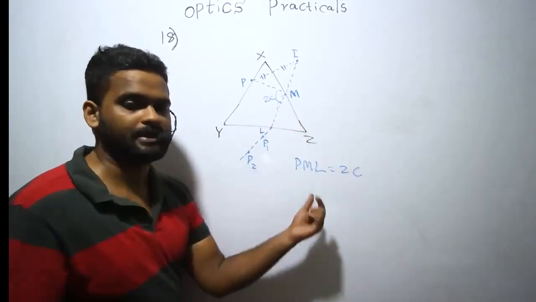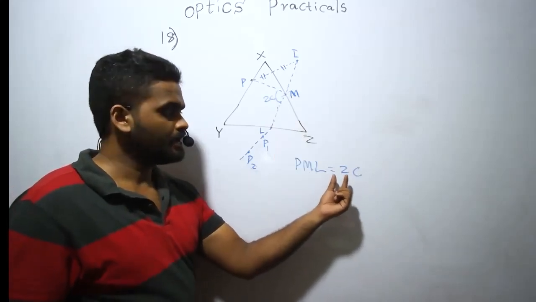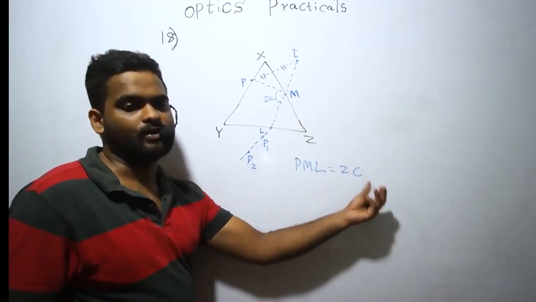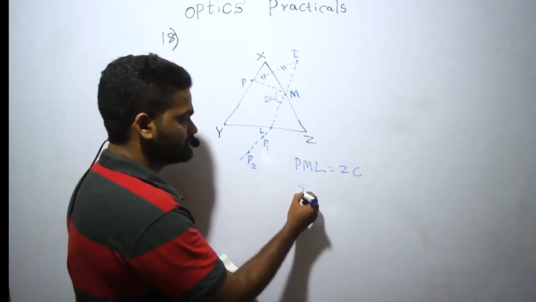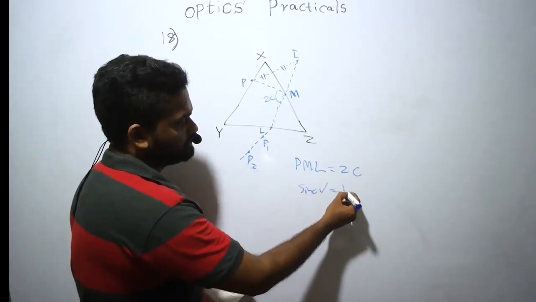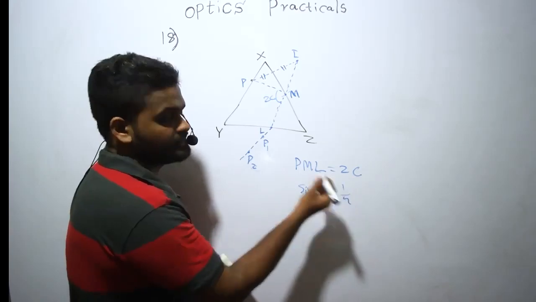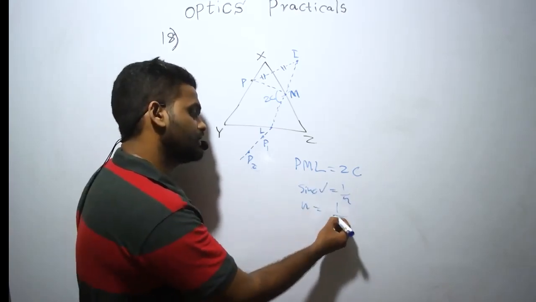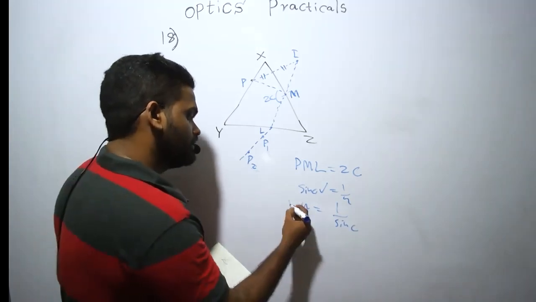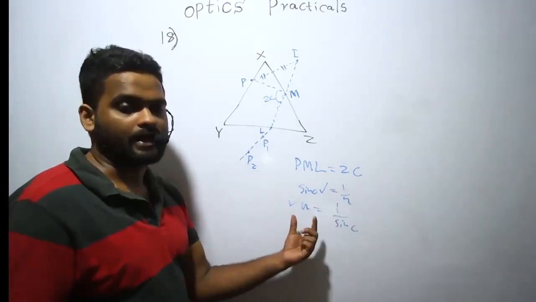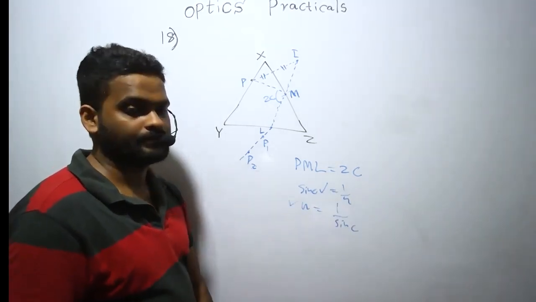So once we know angle PML, you can just divide that by 2 and find the critical angle, right? So if you know the critical angle, you can calculate n. So n is equal to 1 over sine C, right? Then you can find the refractive index like that.